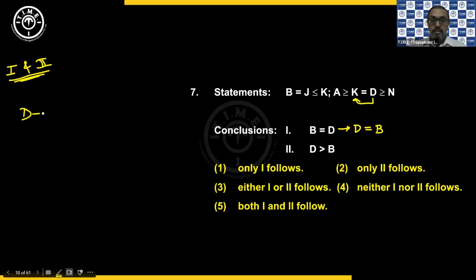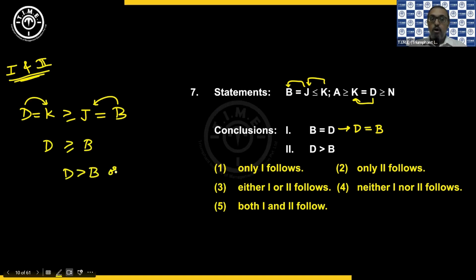So I get D equals K. Then from K, I can go to J again in the reverse direction, so greater than or equals J. And then from J, I can go to B again in the reverse direction, equals B. Now equal to is simply to replace it. So I'll get D greater than or equals B. So I am getting D greater than B or D equals B. Correct? So that is why we give our answer as either 1 or 2 follows.